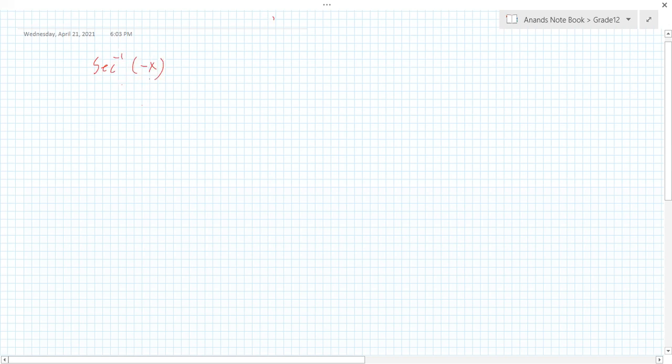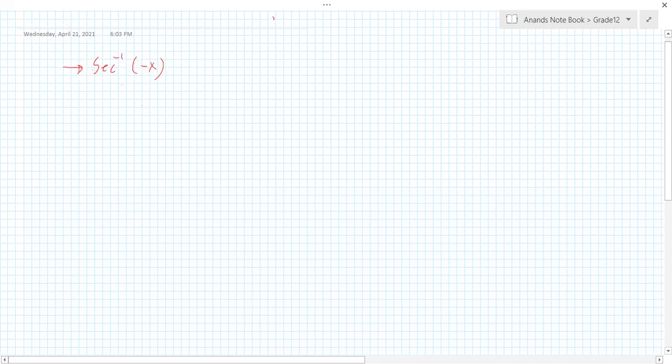Secant inverse of minus x. Can you guys go and find that value?